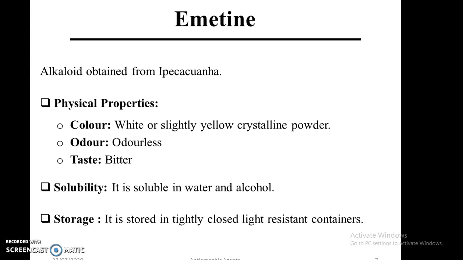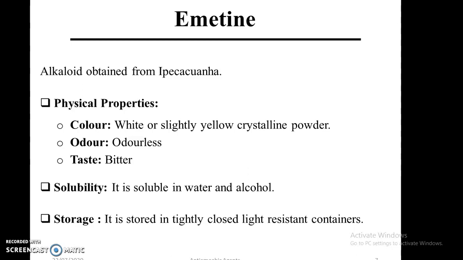Emetine is an alkaloid which is obtained from ipecacuanha. Seeing its physical properties, emetine is a white or slightly yellow crystalline powder which is odorless and has a bitter taste.